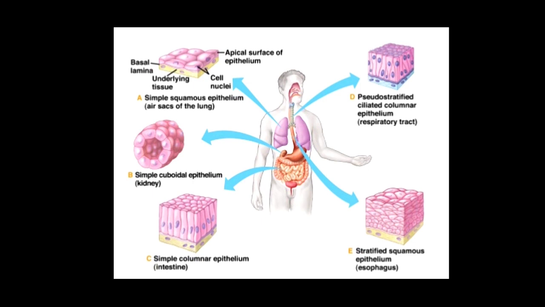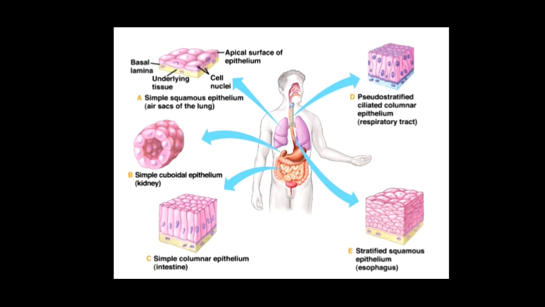For example, in your eye, there is that black color. That is a modified one. Then the ovaries and the testes, which give rise to egg and sperm, are also modified epithelial cells.